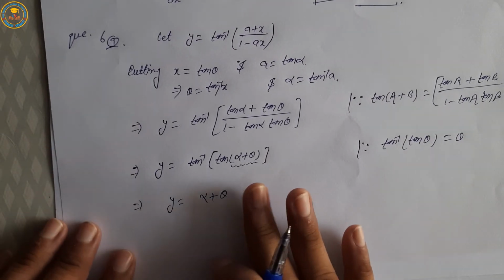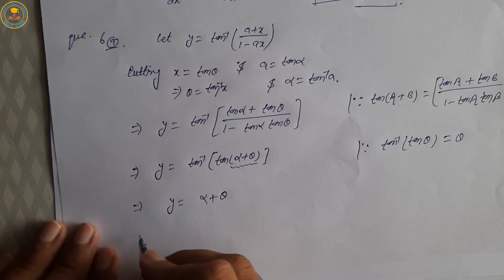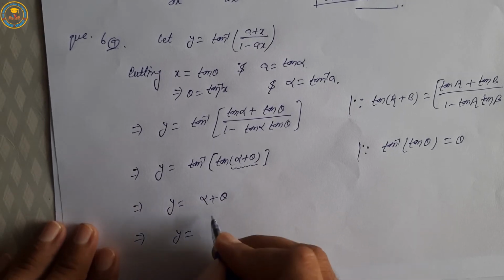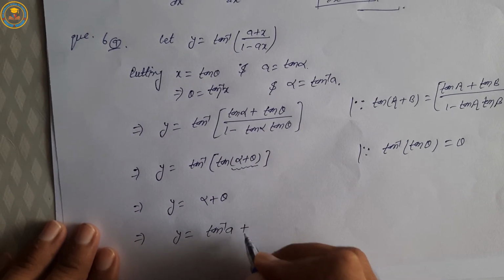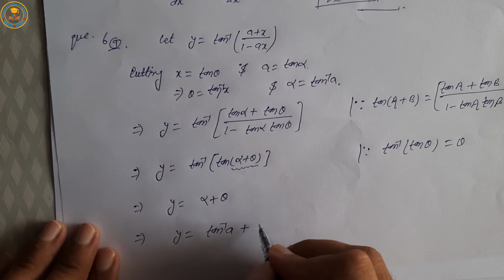Putting the values of alpha and theta, y is equal to tan inverse a plus tan inverse x.